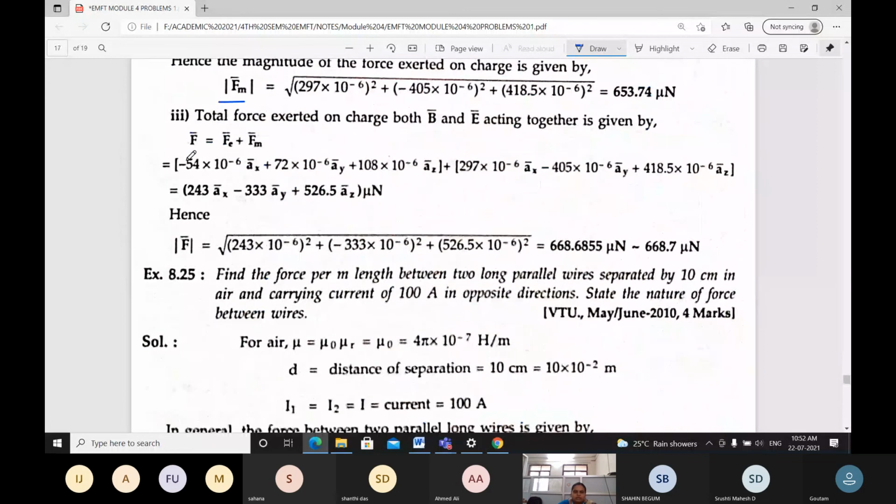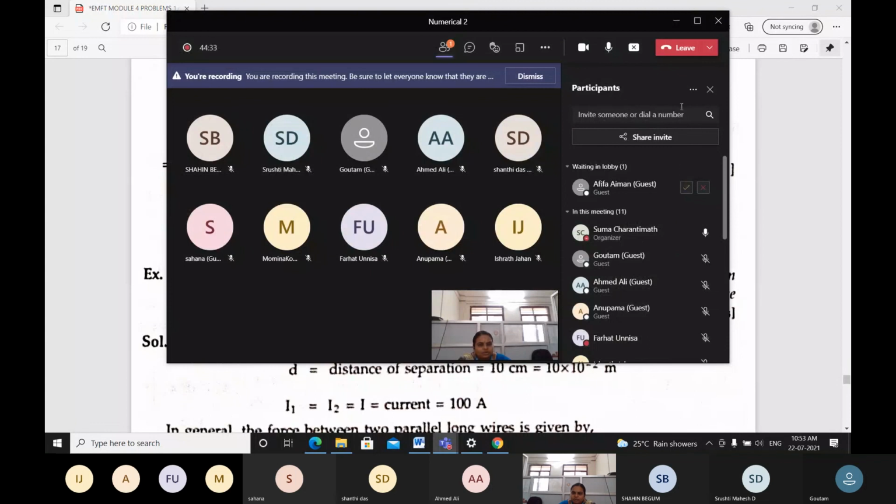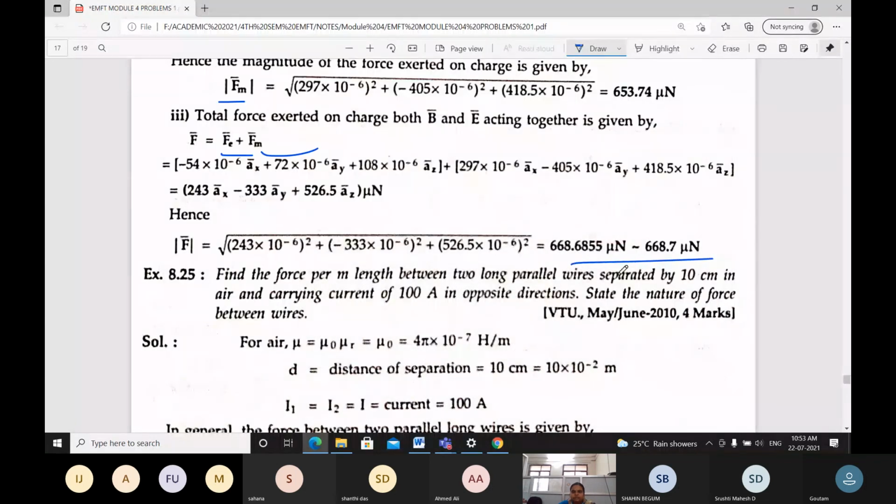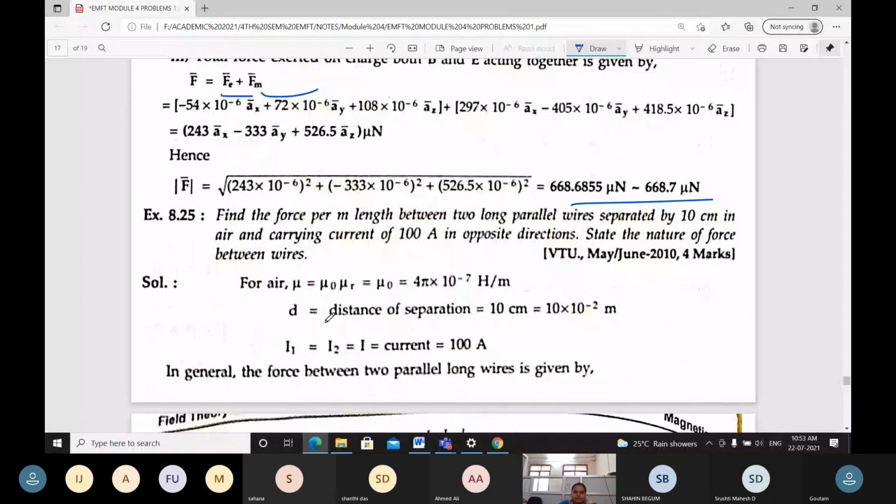Then the total force is the square root of each element's square. Then you will get 668.68, or else nearly 668.7 micronewtons.